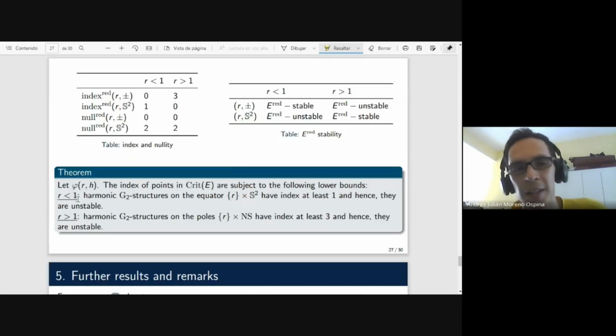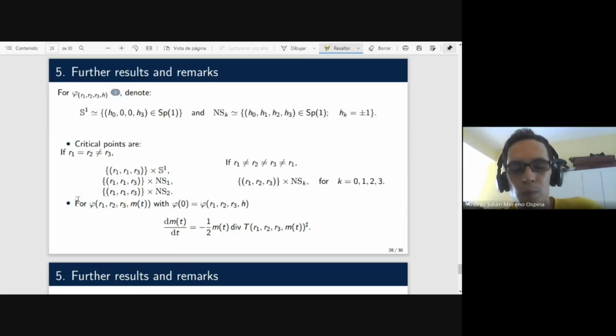As Jorge said in his talk, it's difficult to compute the whole spectrum of the second variation operator. So you can just use the invariant setting to prove something about instability.